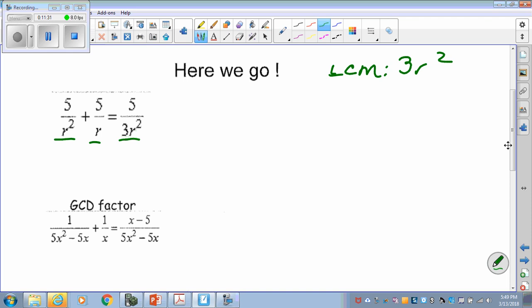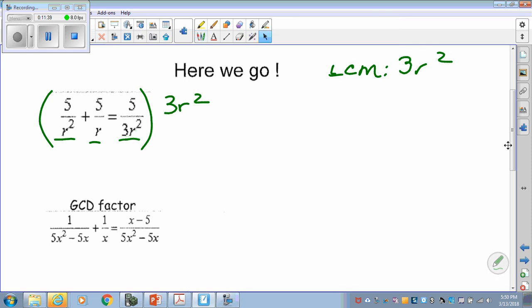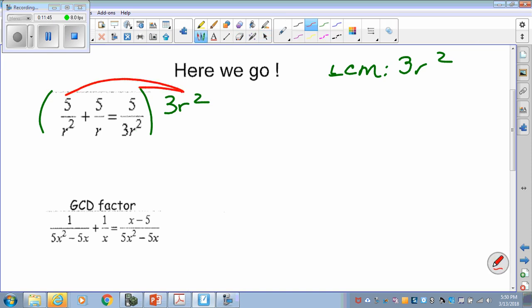And now I'm just going to multiply everybody by 3r squared. Okay, and then that denominator will go away. So it's kind of like you're just distributing this to everybody. So I've got 5 over r squared times 3r squared over 1 plus 5 over r times 3r squared.